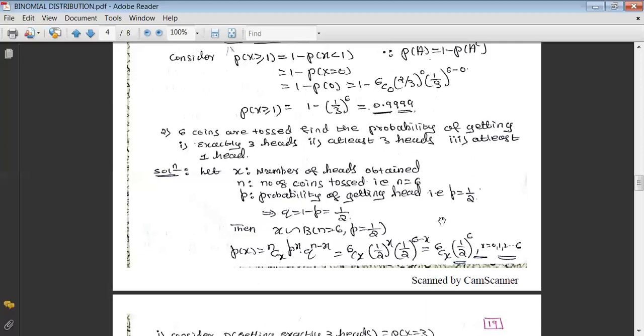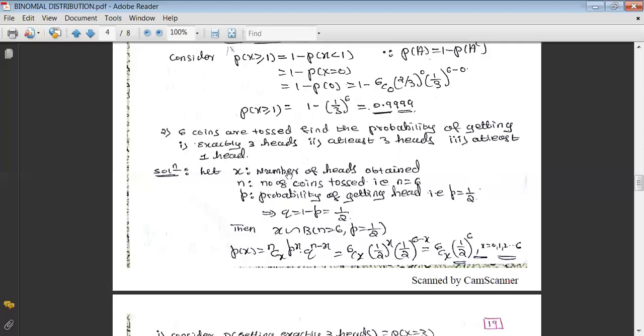Whenever a normal coin is tossed, the probability of getting head and tail are equal, and both are equal to 50%. 50% is 1/2. That's why in this case the p value is 1/2. And once we know p, we can write q as 1 minus p. q is a notation for 1 minus p. That gives 1 minus 1/2 equals 1/2. Now we find that x follows binomial with n equal to 6 and p equal to 1/2.